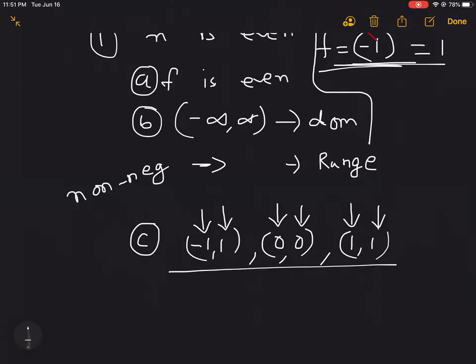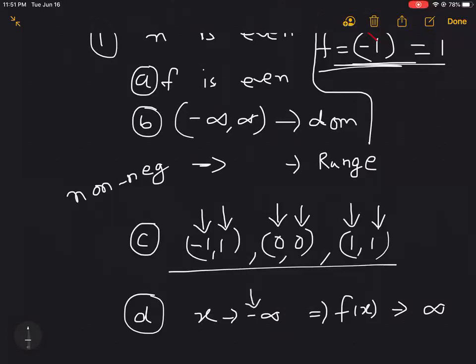Let's check the end behavior as well. If x tends to negative infinity, what should f of x be? Your answer should be positive infinity, because even though you give our function a negative value, n being a positive even integer, the result will always be positive.